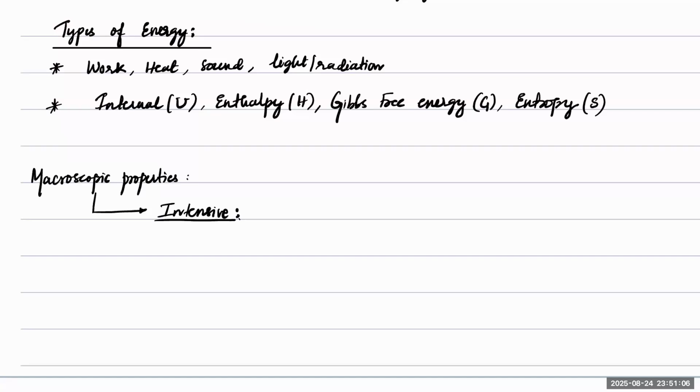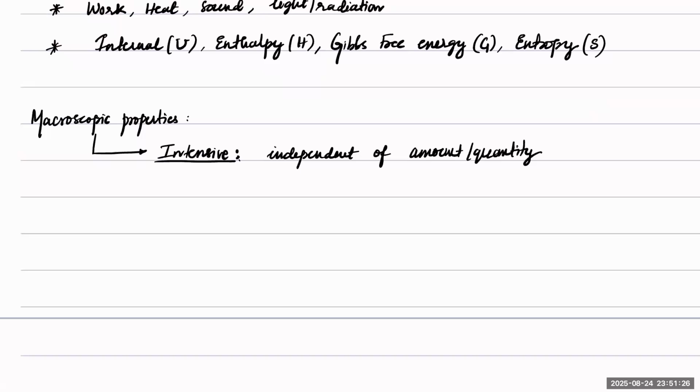So I told you intensive means which is independent of amount or quantity. Then we say it is an intensive property. Similarly, we have extensive, which implies it depends on the amount or the quantity that we are taking.